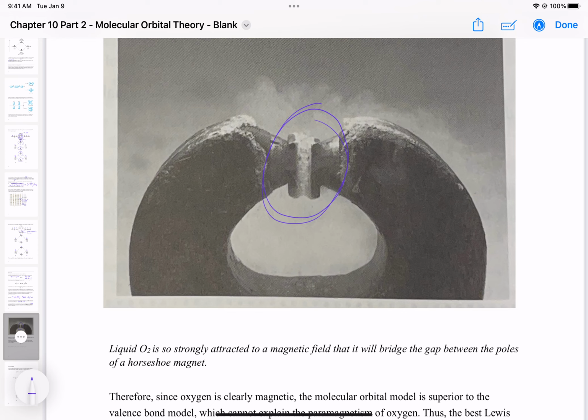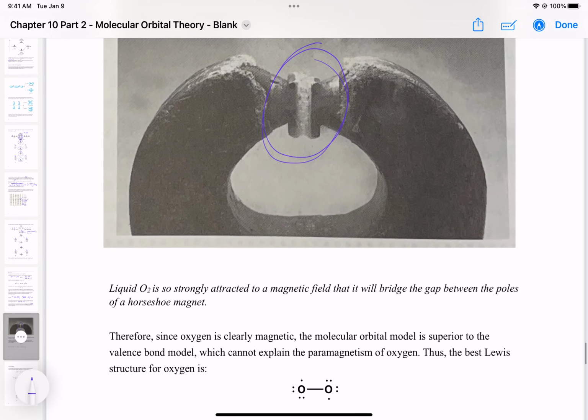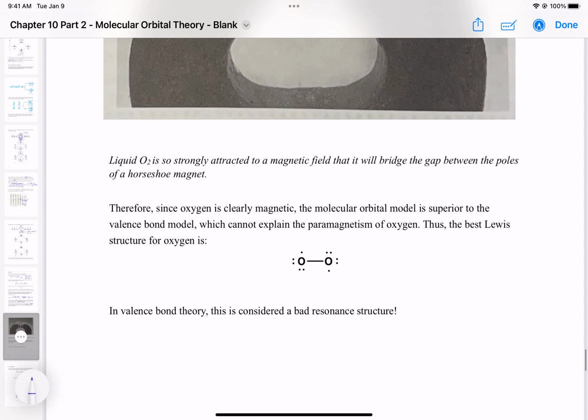So, in conclusion, since we can say oxygen is clearly magnetic, the MO model is superior to our valence bond model, which could not explain the paramagnetism of oxygen. Okay, so thus we can now represent the best Lewis structure for oxygen, which is this structure.